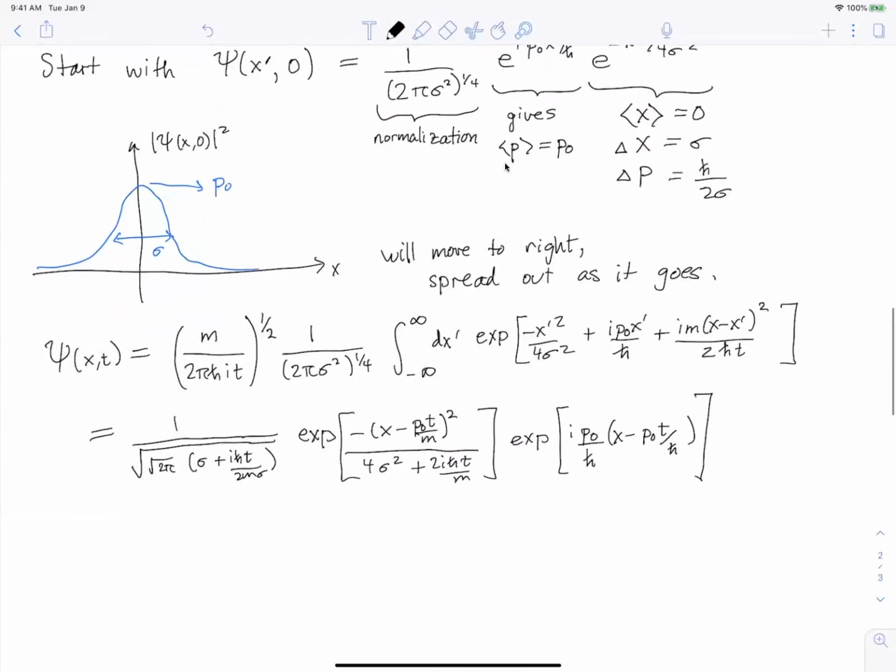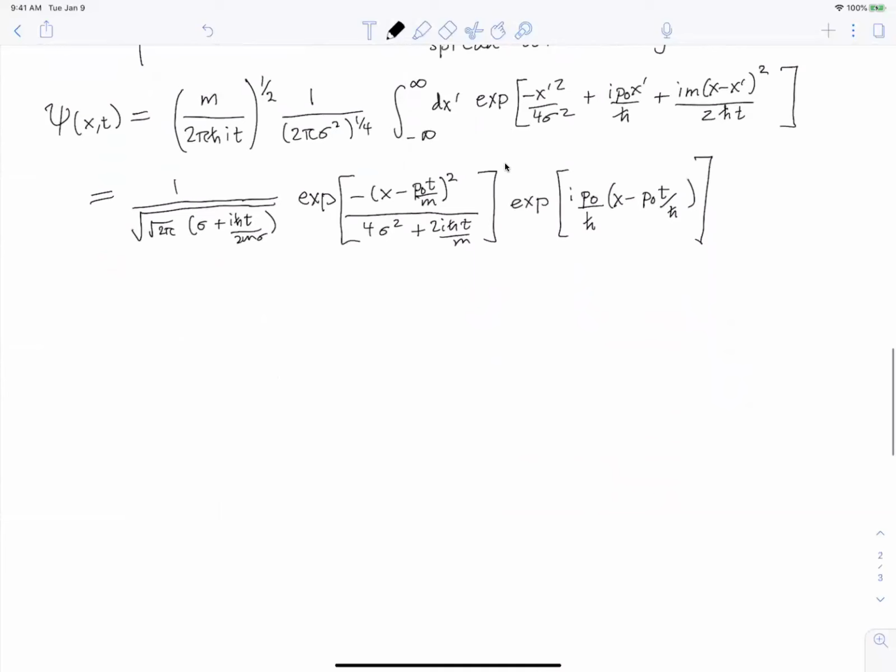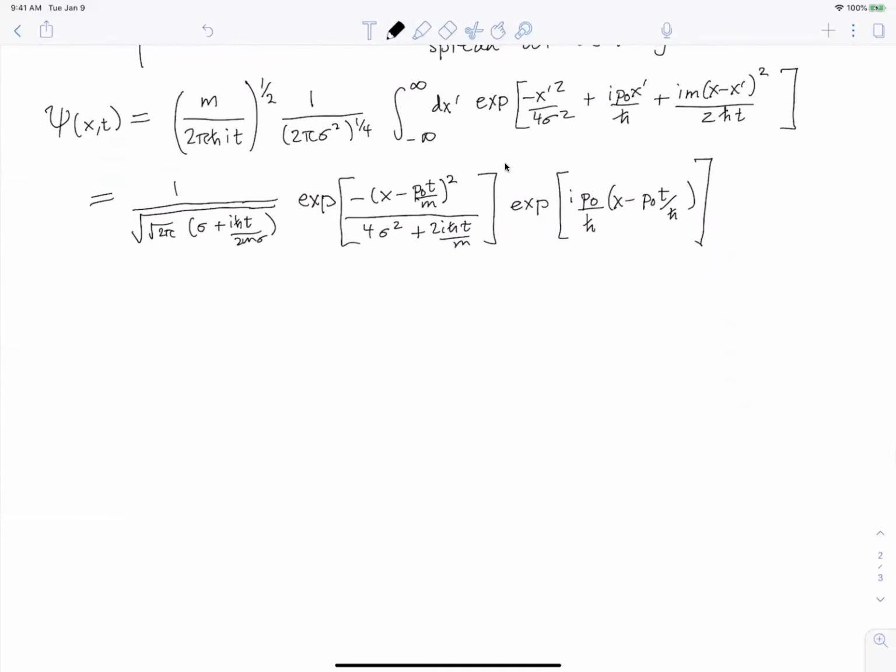Okay, so one thing to notice about this is that its dependence on x always comes with x minus p0 t over m. Oops, I think this should not have been an h bar. Sorry, this should have been an a. Let me erase this.